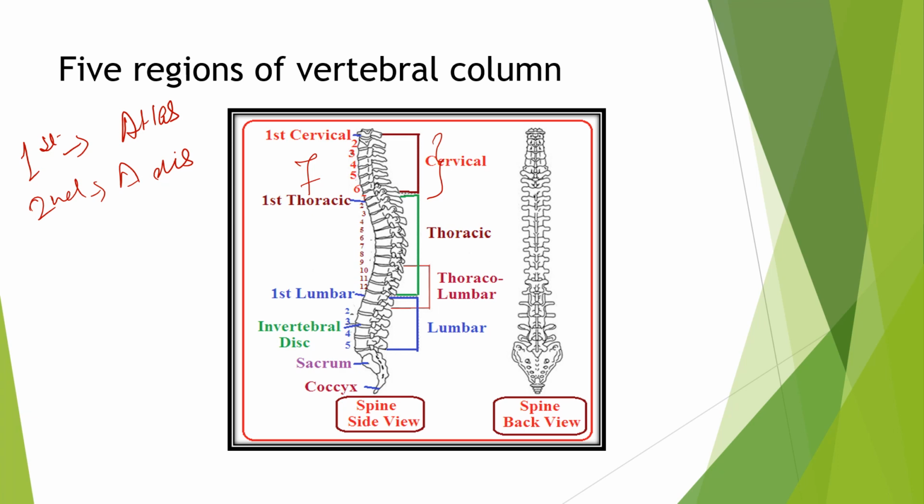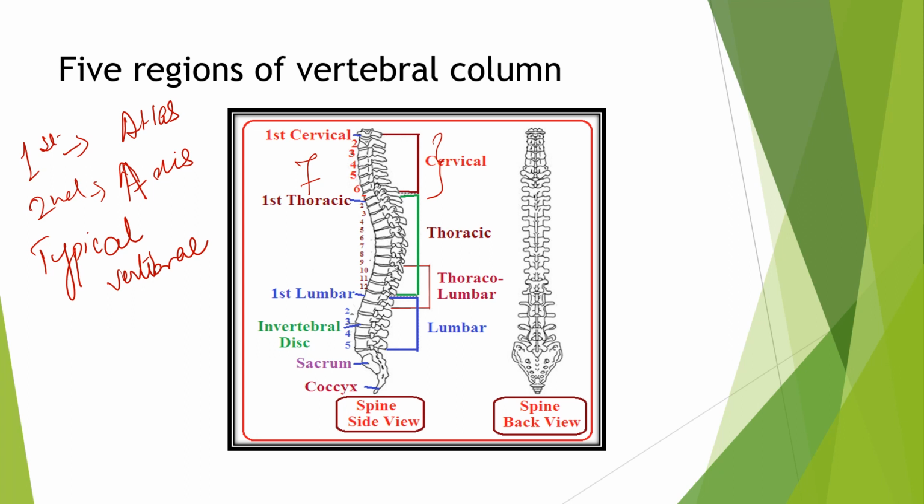So these two are the first and the second, and the rest are all called typical vertebrae. From first to seventh, first one is the atlas, second one is the axis, and others are called typical vertebrae. Is it clear?